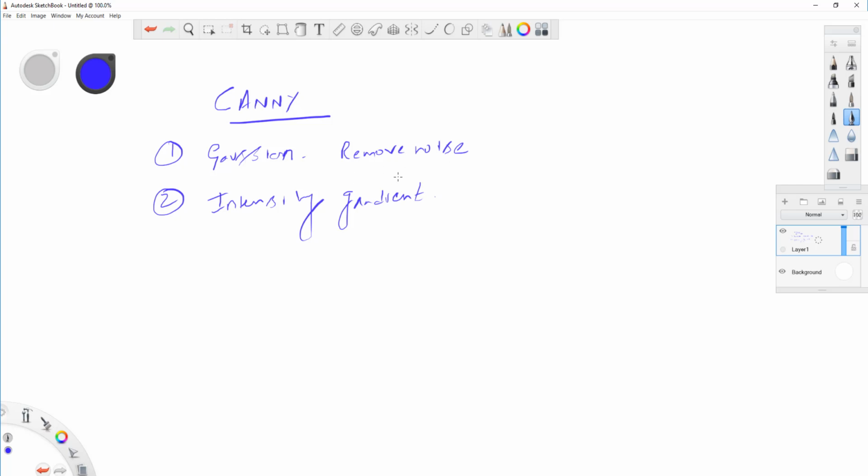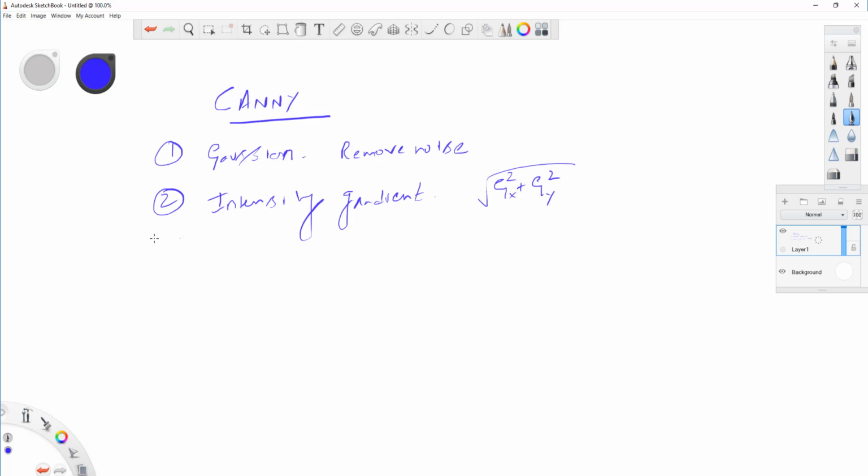For the edge detection operator, you can use any of these, like Roberts, Prewitt, or Sobel. I'm not really sure what scikit-image actually uses, but technically you can use any of those. It returns your gx and gy, like I mentioned earlier, and then gx squared plus gy squared under the root gives the magnitude of your intensity gradient.